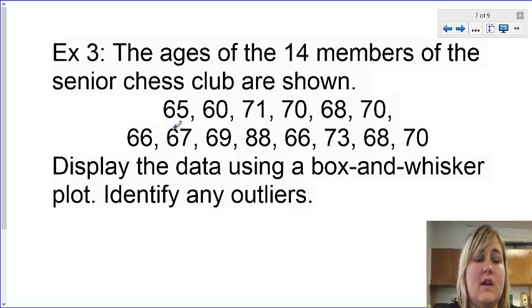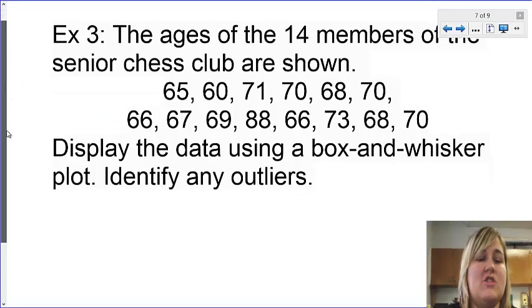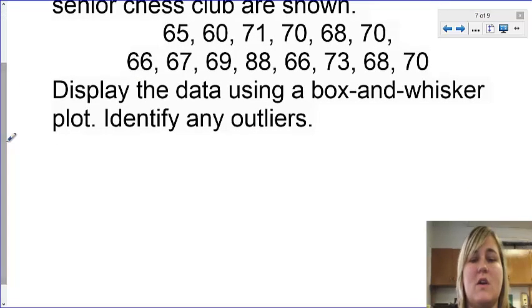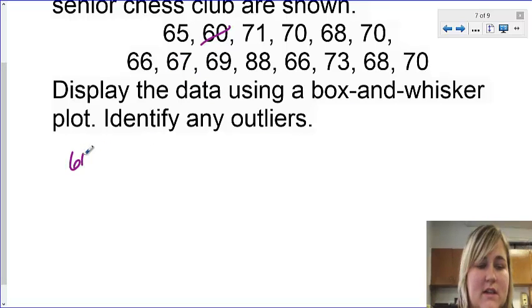So to begin, we're going to start by arranging the numbers from least to greatest. The smallest number that we have is going to be 60, it looks like. So I have 60.